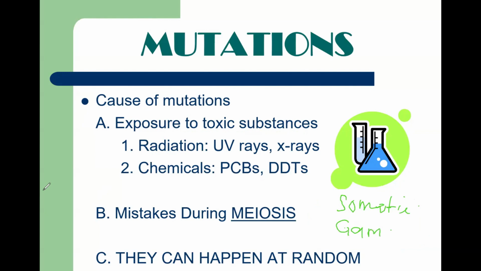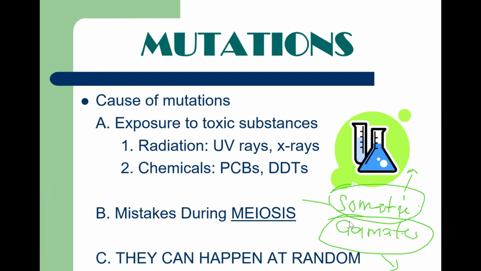Somatic cells are the body cells, while gamete cells are reproductive cells. If a mutation occurs in a somatic cell, that type of mutation cannot be passed to the young ones, meaning it cannot be inherited. But if a mutation occurs in the gamete cell, it can be passed on to the young ones, so it can be inherited. That is somatic mutation and gamete mutation.